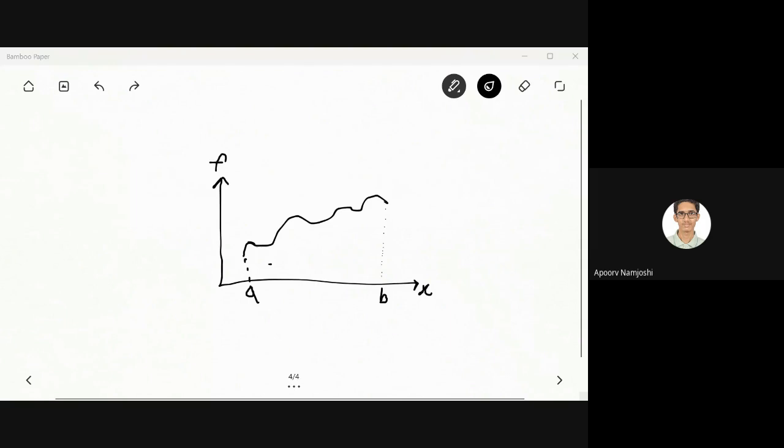Did somebody? Okay, I was referring to the Riemann method actually, Sahil, because what we will do ahead of this is closer to the Riemann method.